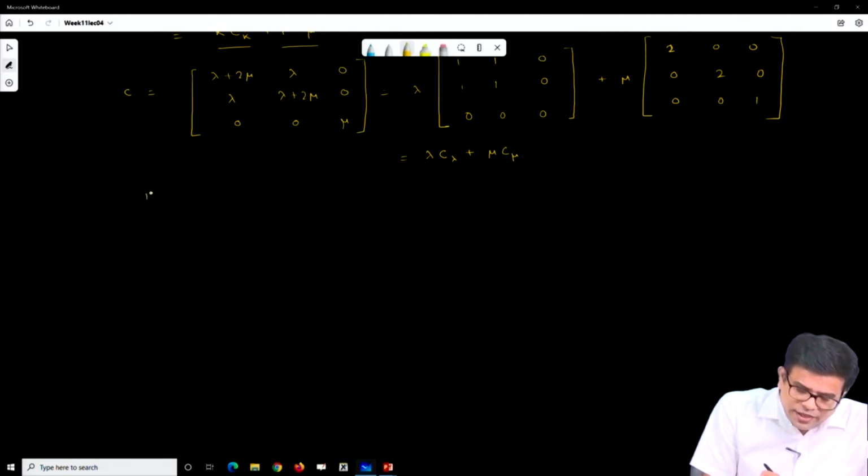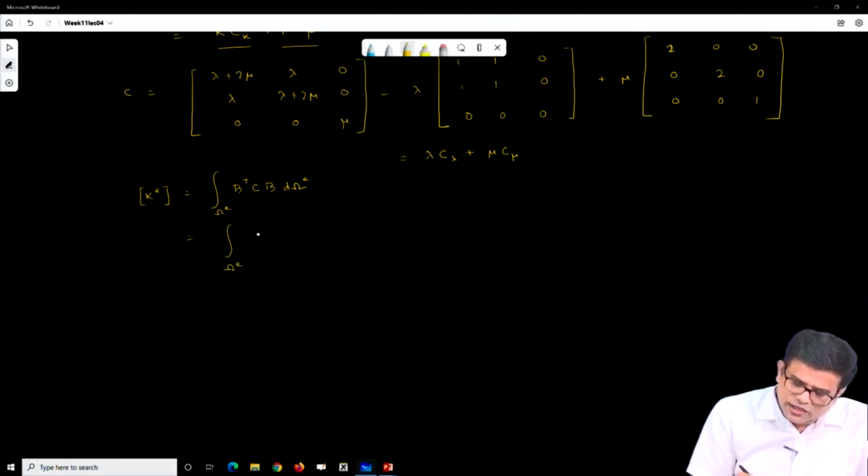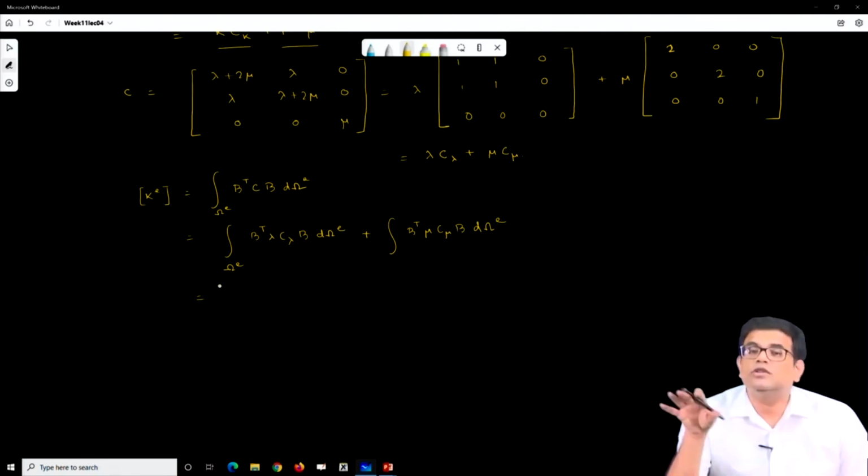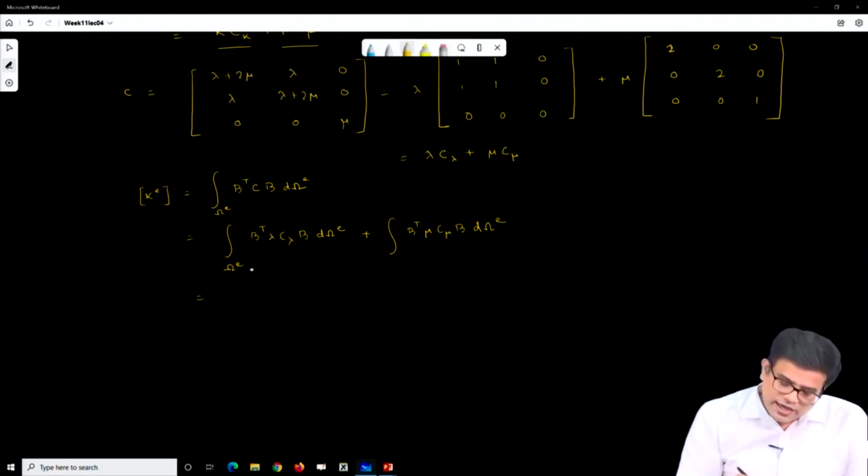The elemental stiffness matrix Ke is the integral over omega E of B transpose C B. Substituting, I get the integral of B transpose lambda C lambda B d omega E plus the integral of B transpose mu C mu B d omega E. If I consider lambda and mu constant over the element, I can take them out of the integral.